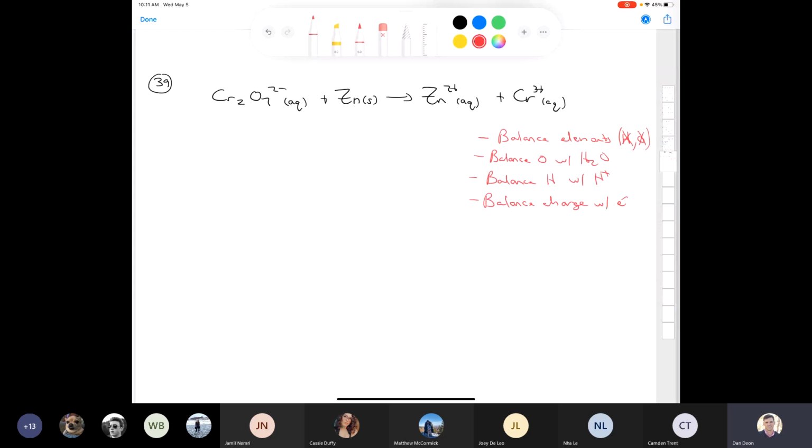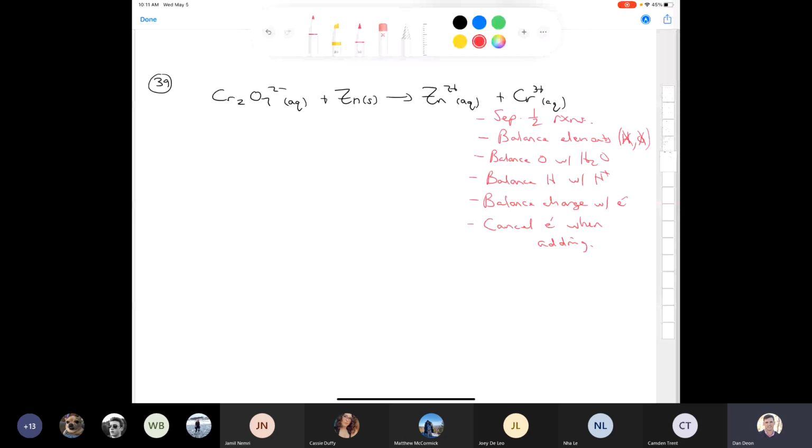Now, are there steps beyond that? Yes. You have to make sure the number of electrons cancel, and cancel electrons when adding the two reactions together. That's the last step. And also there's a first step, which is separate the half reactions.